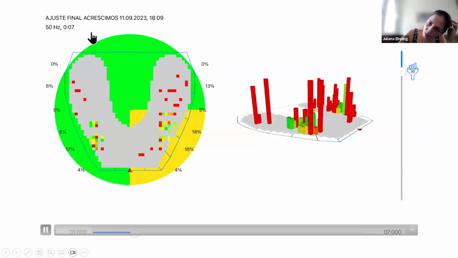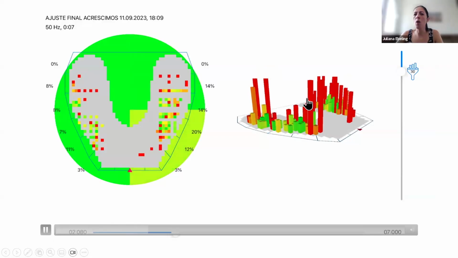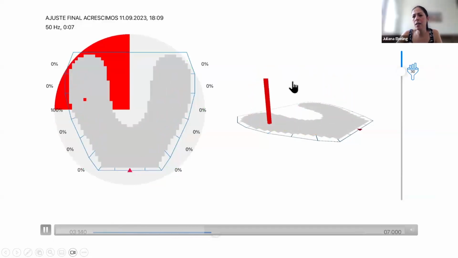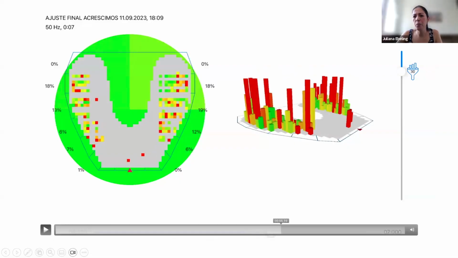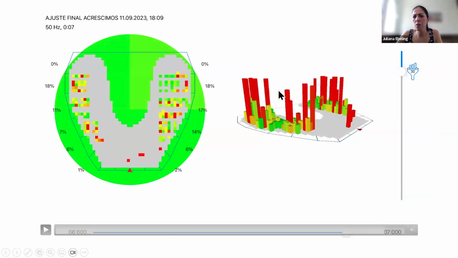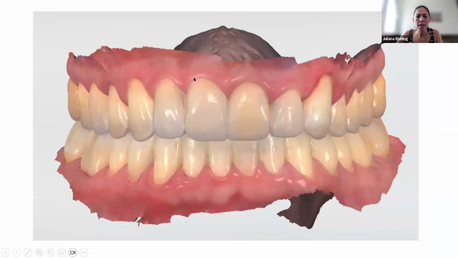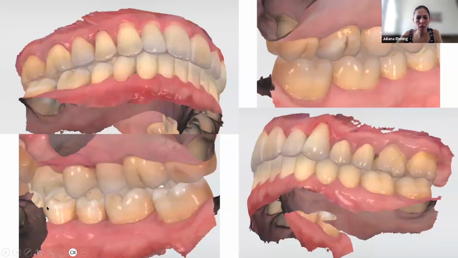Here is the final after adding composite. It's lacking the premolar here. We have no premolar contacts. We have no anterior contacts. And here is the final case where we have the guidance, the good distribution.